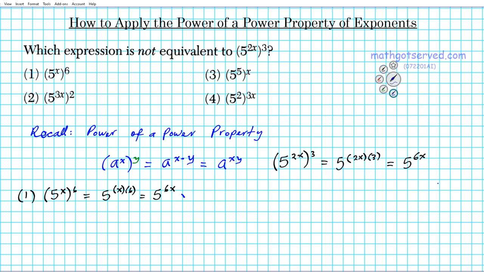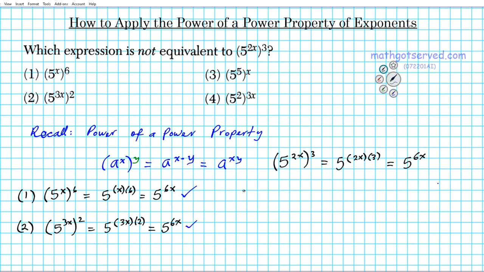So option 1 is equivalent. How about option 2? Option 2, we have the quantity 5 to the 3x raised to the second power. Same procedure here, applying the power of a power property. We have 5 to the 3x multiplied by 2. If you multiply the powers together, you have 5 to the 6x. Do we have a match? Absolutely, so this checks out.